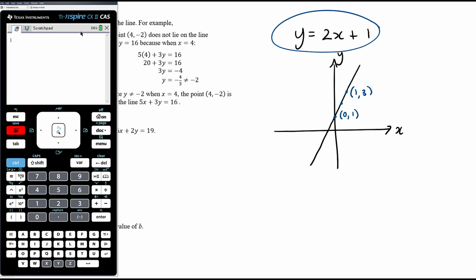When x equals a half, y is equal to 2 times a half, which is 1, plus 1, which is 2. That's another point on the graph. When x equals 1.7, y equals 2 times 1.7, which is 3.4, plus 1, so 4.4. That's a point on the graph.